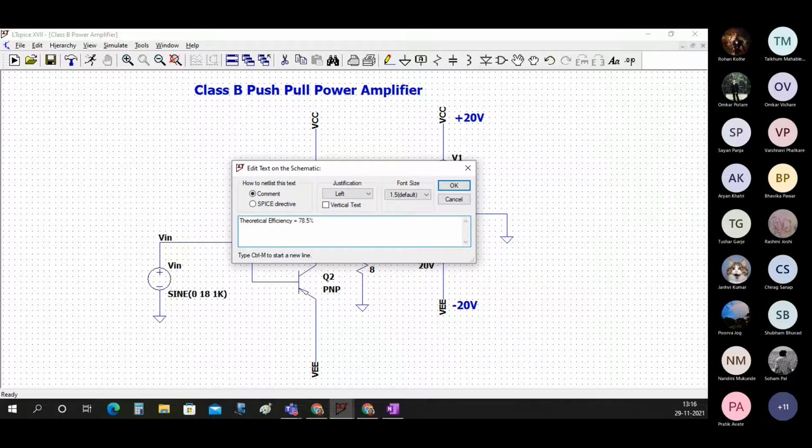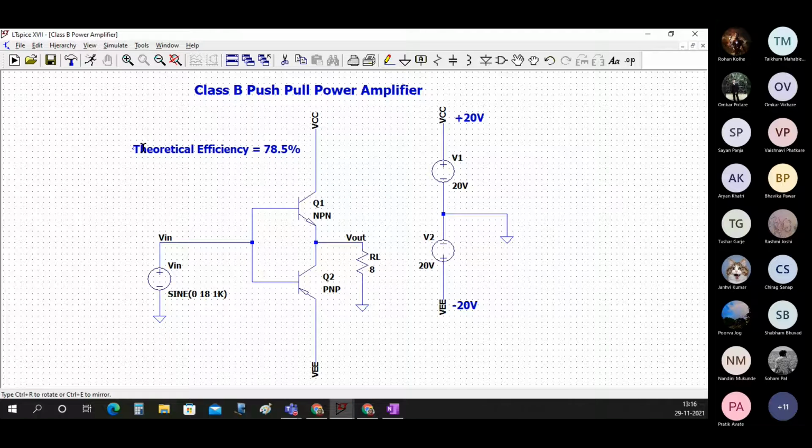So in the exam, if you calculate and get more than 78.5 for a class B amplifier, be rest assured you will not get any marks more than 0. This is what we will derive in class, but for the time being, I am telling you that the efficiency cannot exceed this.